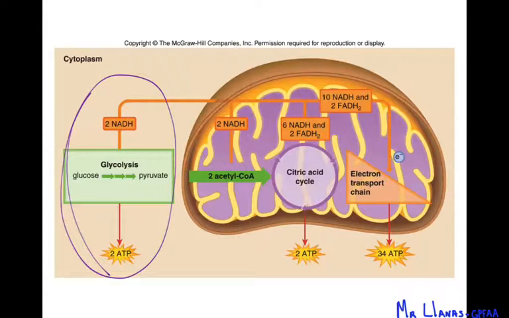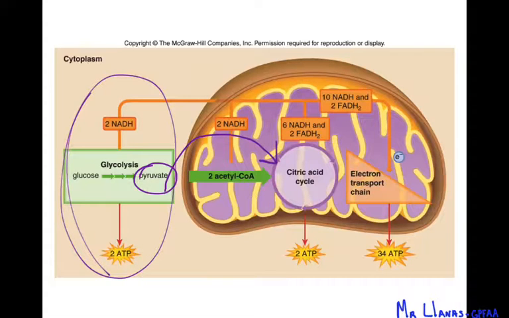After glucose is split, then that pyruvate that's here goes into the mitochondria. Okay, and the Krebs cycle, or the citric acid cycle, happens. And during this step, CO2 is released from the mitochondria.